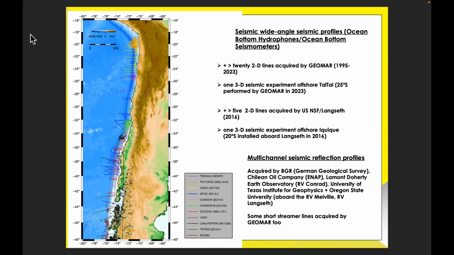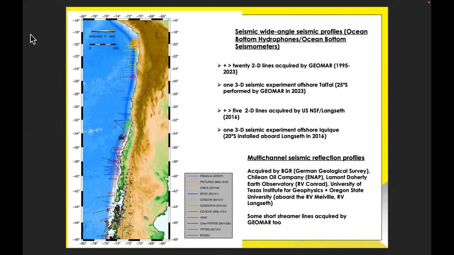And I got the data just for free, but we have to take into account that this data was acquired before GPS was developed. So for some purposes, the quality of the data is not that good, not because of the seismic system, but because of the positioning. This data is already available through Lamont-Doherty, so you can get it from one side or the other.